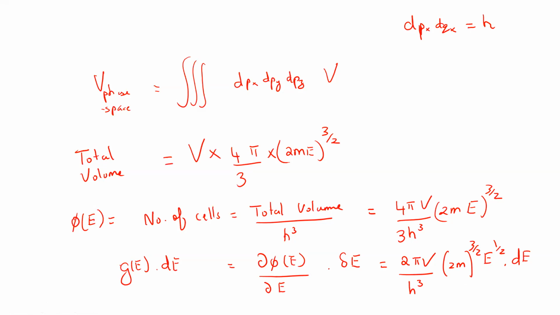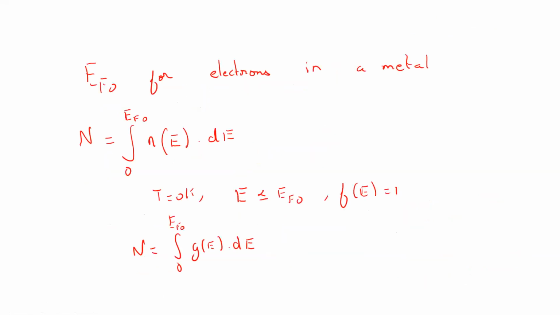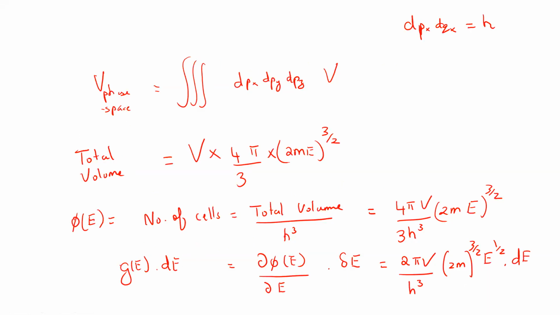Now, in our problem, we'll multiply this answer by 2, because there are two states: we have a plus half spin electron and a minus half spin electron.